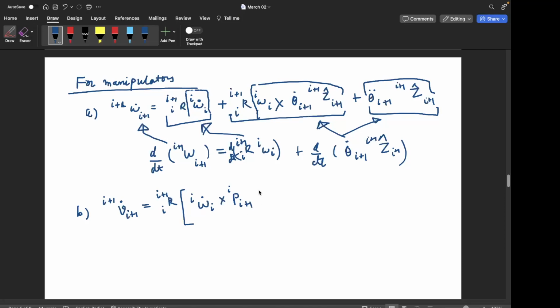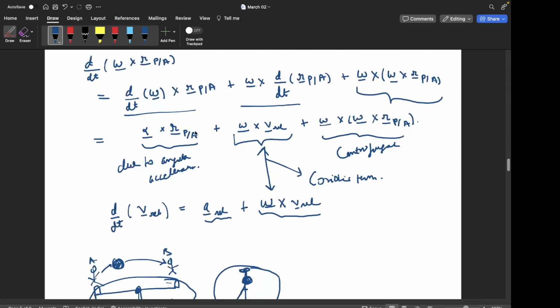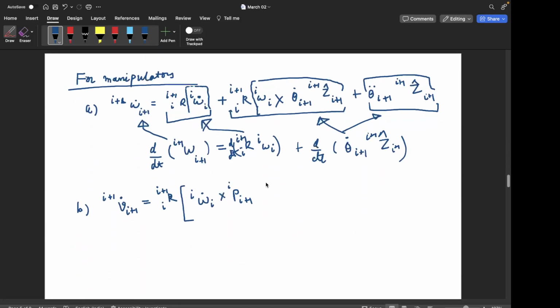Okay, so this is the alpha r term which is here, the same thing, plus the centrifugal term, right? And finally there would be the relative acceleration term.